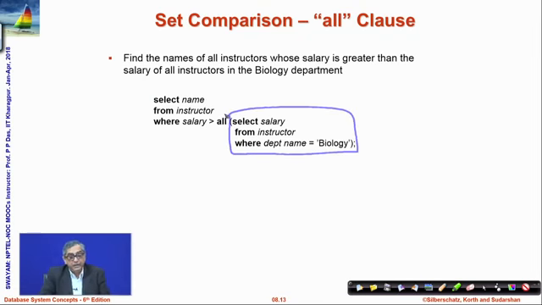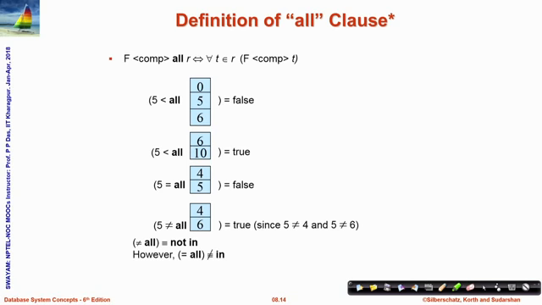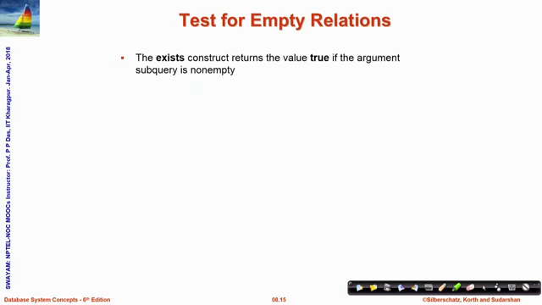Only if it is greater will that particular name be included in the result; otherwise it will be excluded from the result. Similar to some, the basic semantics of all is also worked out here, and I leave that to your study at home.